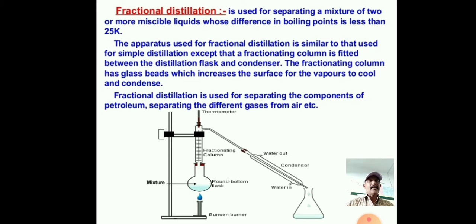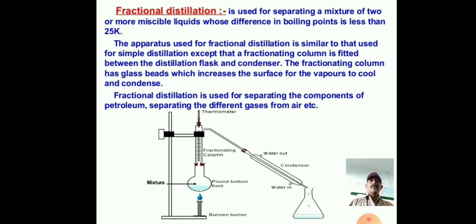The fractionating column has glass beads, which increase the surface for the vapors to cool and condense. So, these vapors cool and are converted into liquids.